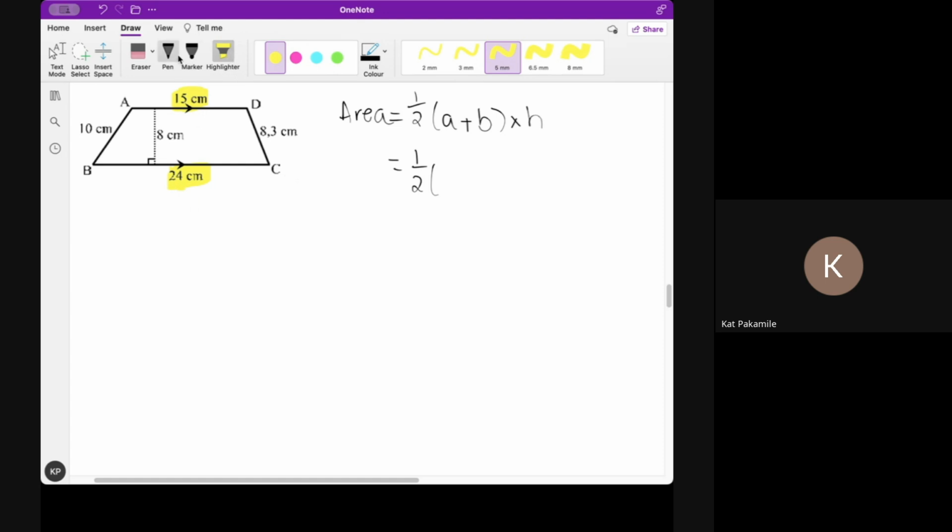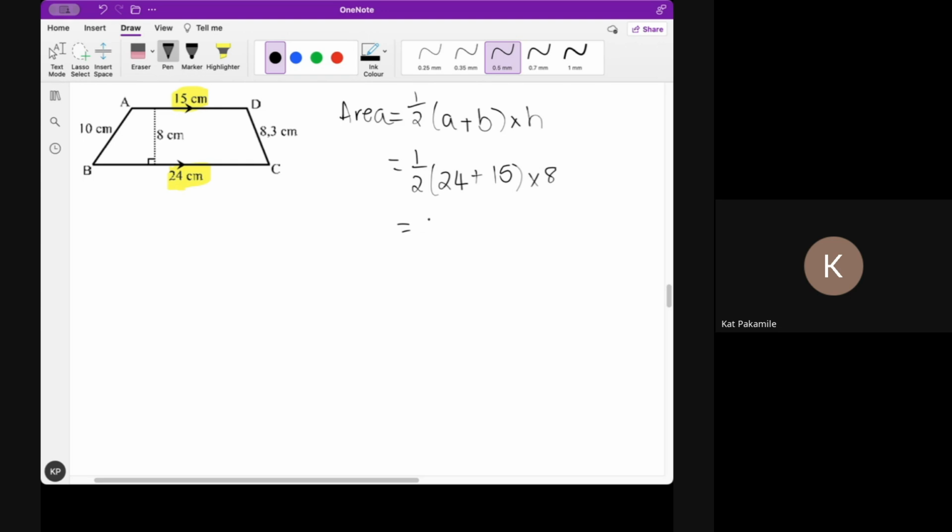Those are the sides you're working with. So side A can be 24, which means side B will be 15, times my perpendicular height, which is 8.